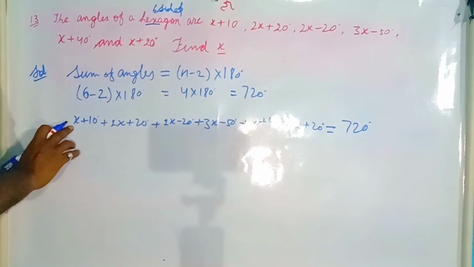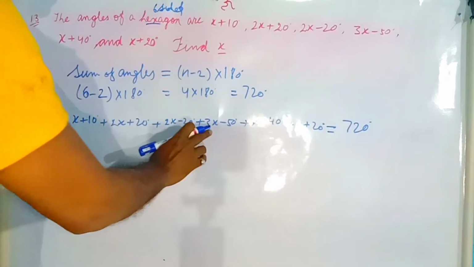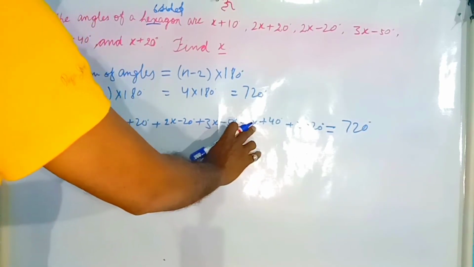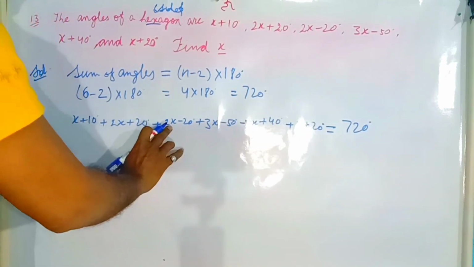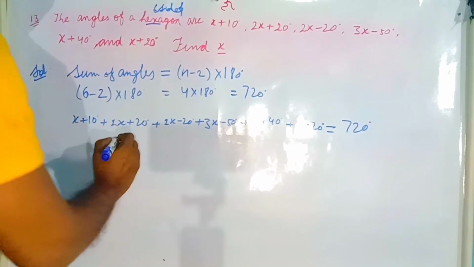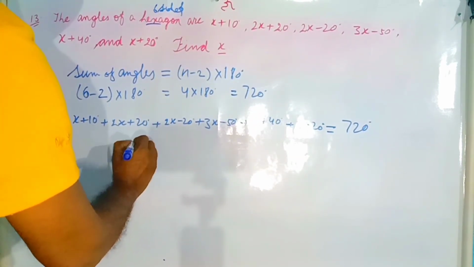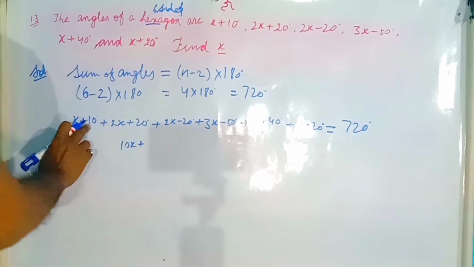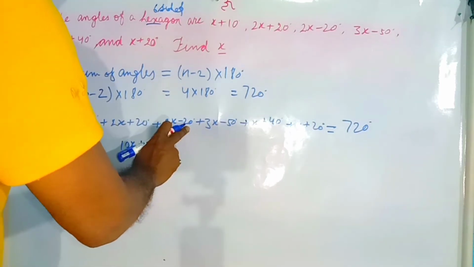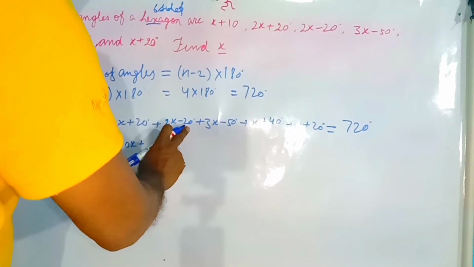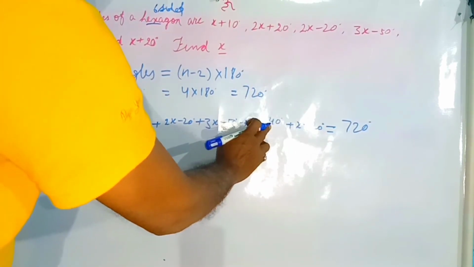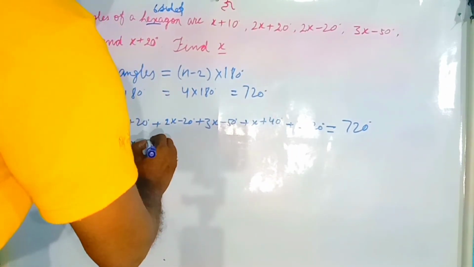Now we will add x plus 2x plus 2x plus 3x plus x plus x, that is x plus 2x, 2x plus 3x is 5x, 5x plus 2x is 7x, 7 to 9 and 1, that is 10x. Then see, 10 plus 20 is 30, 30 plus 40 is 70, plus 20, it will be 90 degrees.